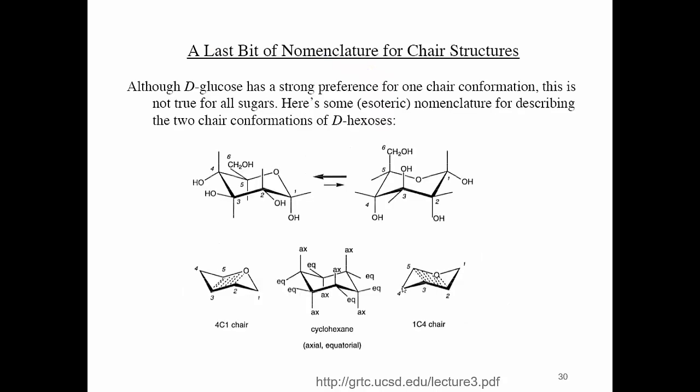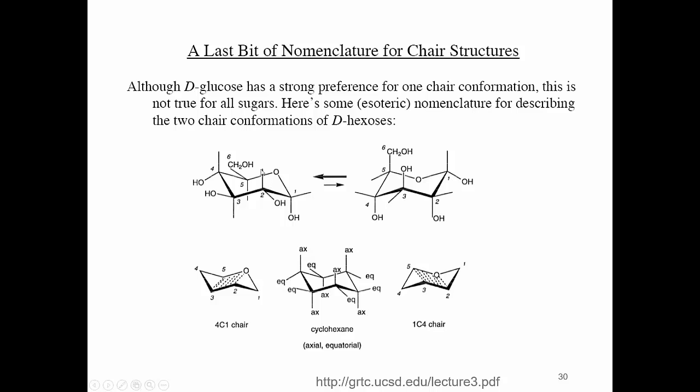So this last bit of nomenclature relates to these chair conformations for these hexoses, where in this case we can have two forms. The preferred one is one where the last CH2OH is equatorial as opposed to being axial. Right, hence that's depicted by this difference in the arrows here.